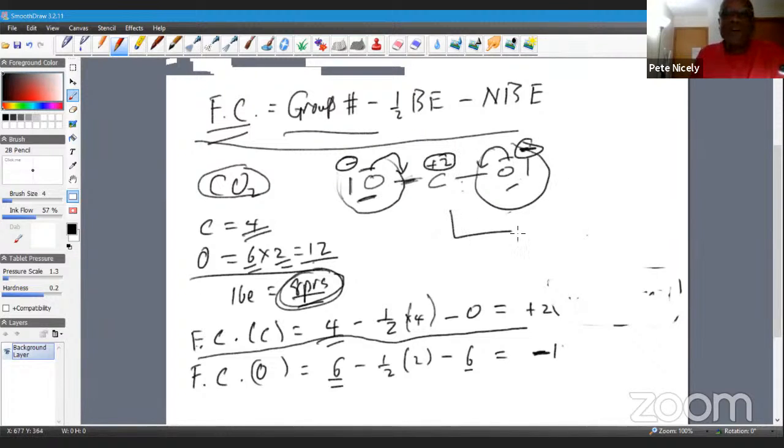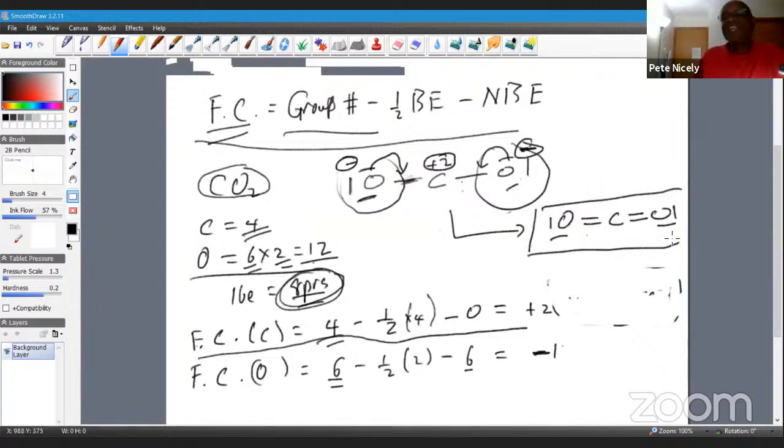Therefore, when this works out, you're going to end up with this final structure. All right? So this here would be the final answer if you're asked to draw the Lewis structure of carbon dioxide. Okay, any questions about this example?